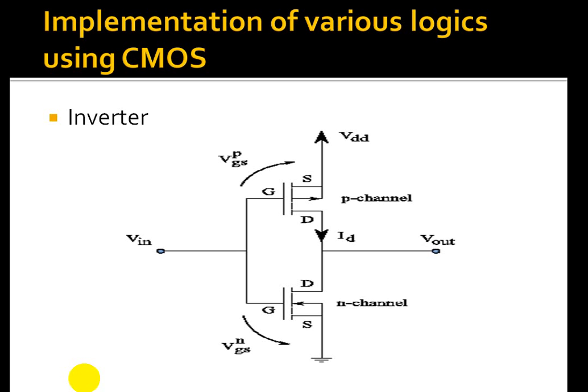So the PMOS transistor is off and the NMOS transistor is on. Thus we get an output of 0 volt. Thus we see that when we apply a 0 volt input, we get 5 volt output, and when we apply a 5 volt input, we get a 0 volt output. So this circuit acts as an inverter.